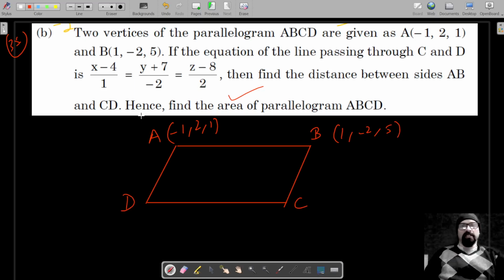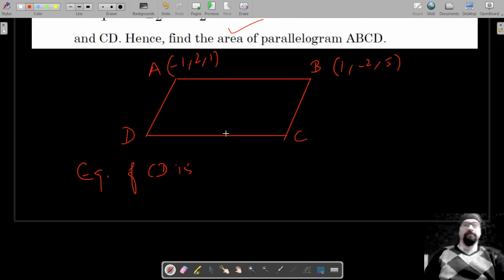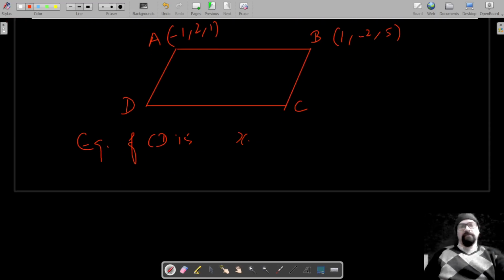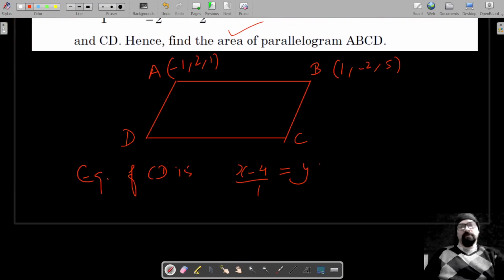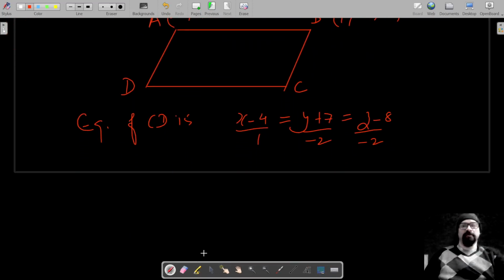Now the equation of the line through C and D is given. So equation of CD is (x minus 4) by 1 is equal to (y plus 7) by negative 2 is equal to (z minus 8) by 2. This is not negative 2, this is 2.